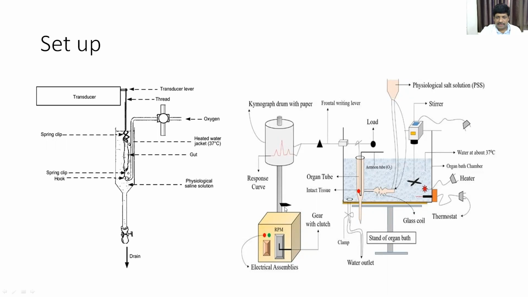This is the Sherrington rotating drum. This whole part is known as the Sherrington rotating drum. It has different parts in it. We have the Kymograph drum, or Sherrington rotating drum.